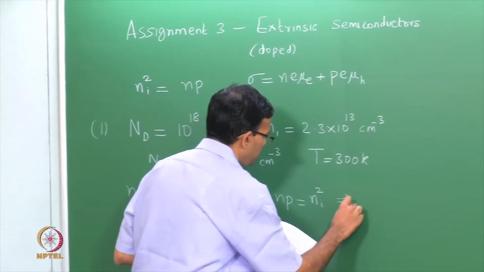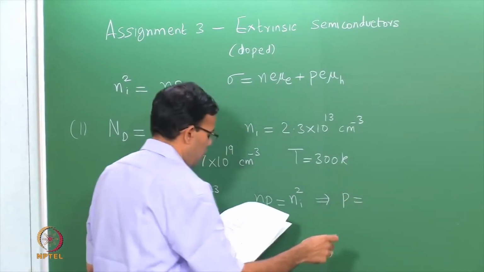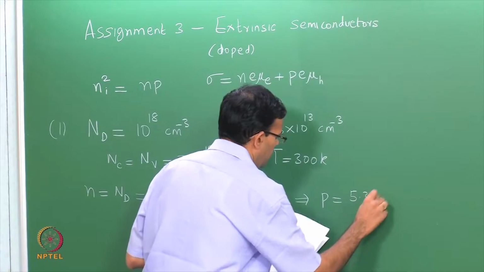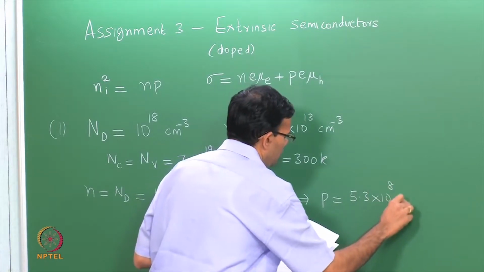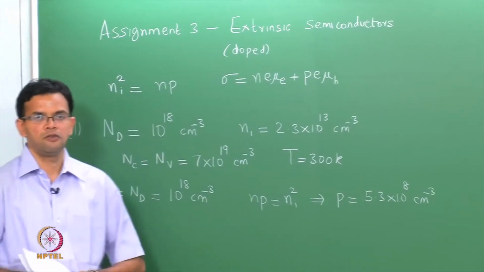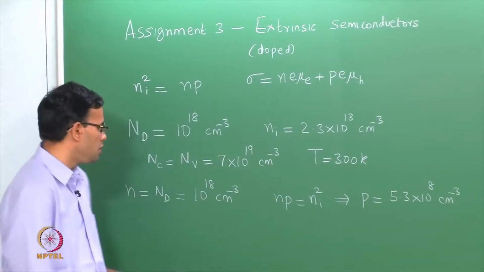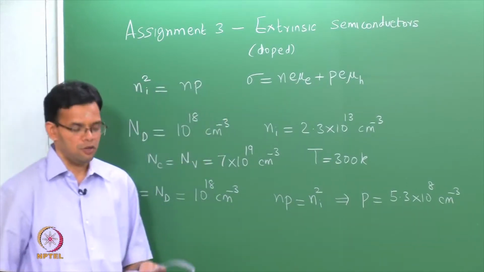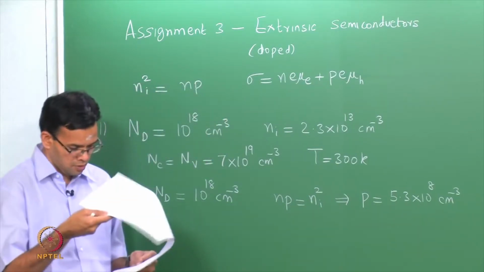So, p works out to be 5.3 times 10^8 per centimeter cube. So, the concentration of holes is much smaller, nearly 10 orders of magnitude smaller than that of the electrons.